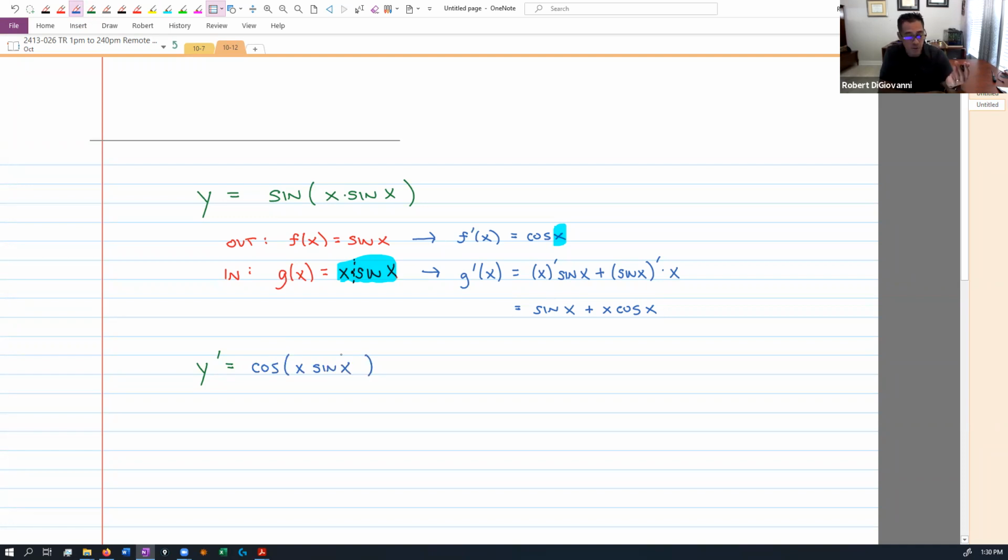And then I'm done with the first part of the formula. This is f prime evaluated at g. And then I need to multiply that times g prime. g prime is all that other stuff that we found right here. So I need all of that in parentheses being multiplied next to it: times sine x plus x cosine x.